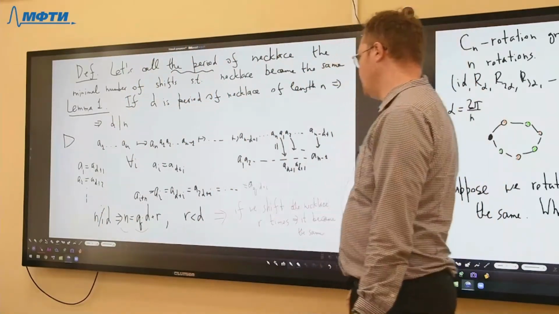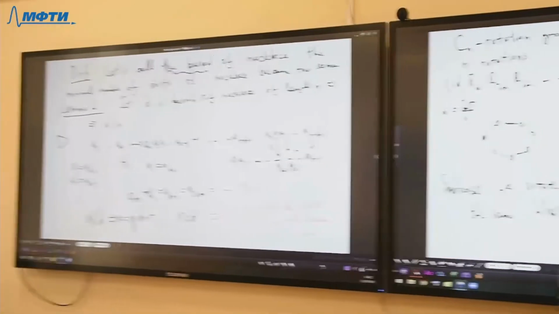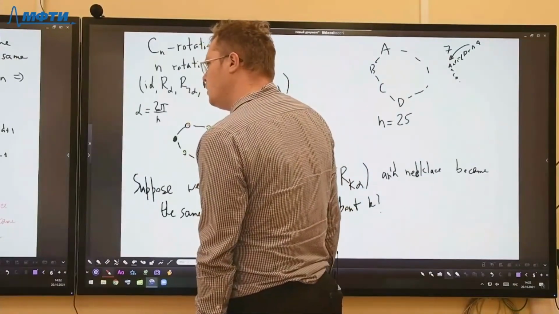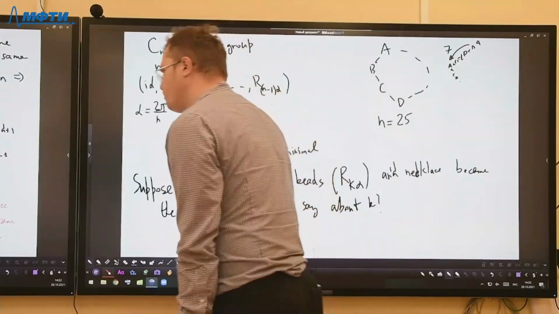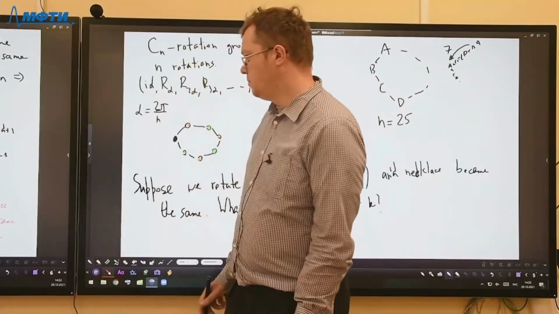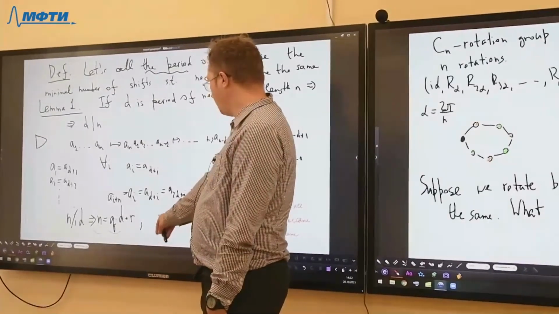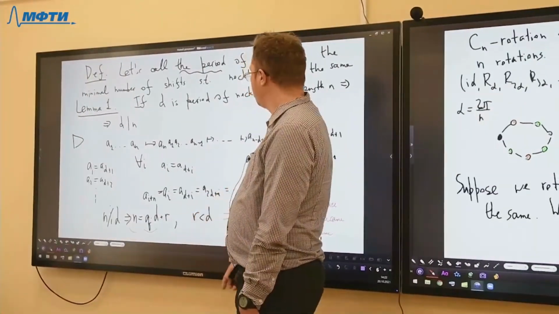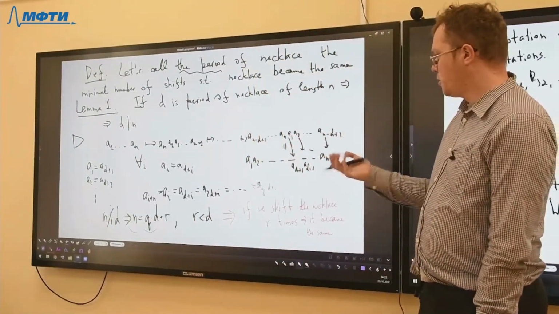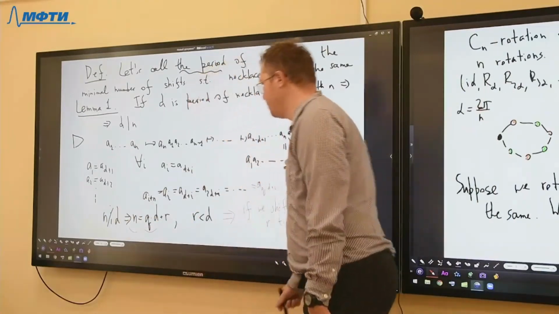And so it means that if we shift by r, then also we'll have the same color. And so we found a lesser number of rotations that stabilizes our necklace. This is a contradiction to the proposition that n is not divisible by d.